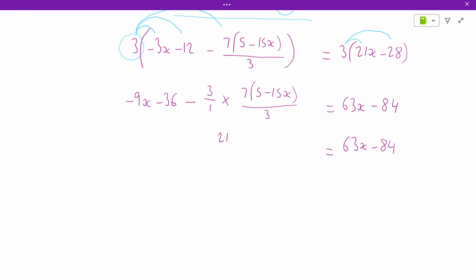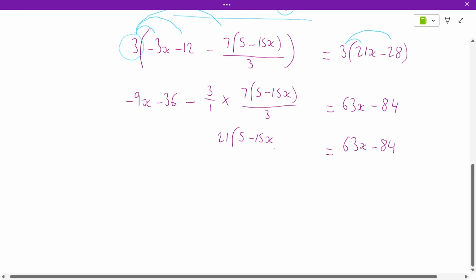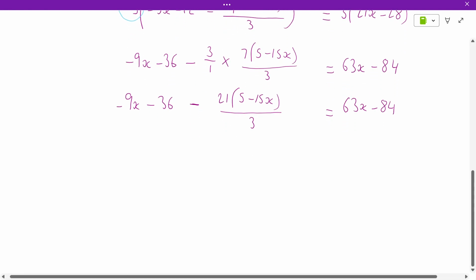So 3 times 7 is 21 outside of 5 minus 15x, all divided by 3, and then I've still got my negative 9x, negative 9x minus 36, and there was a minus here, so minus that.